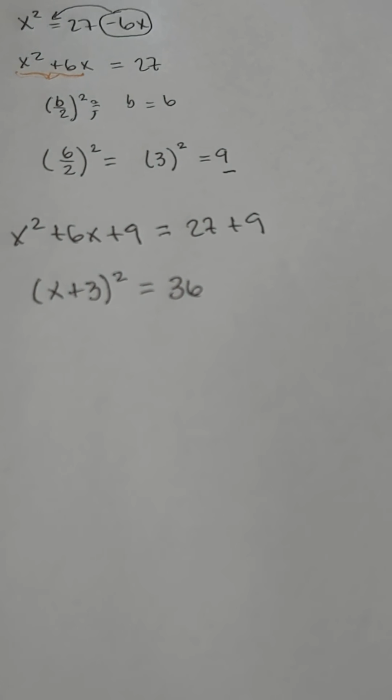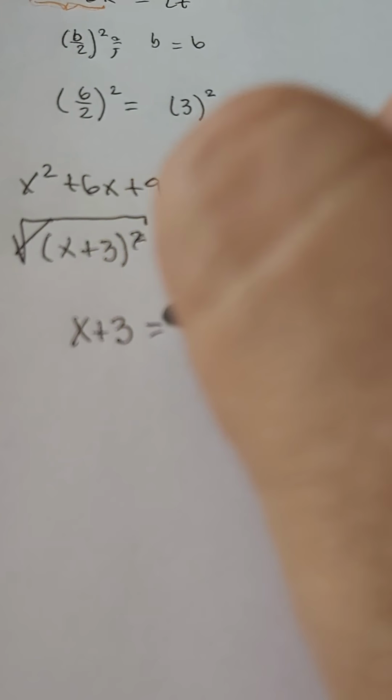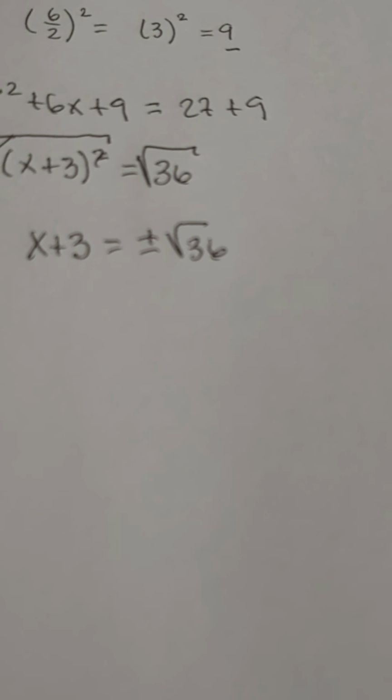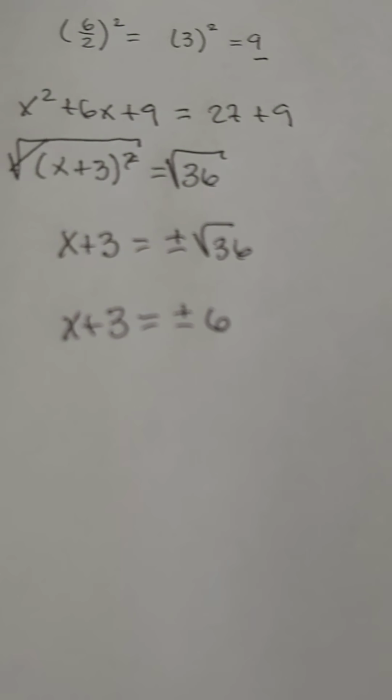Now we're going to solve this equation by using the square root property. Square root on both sides. We simplify. X plus 3 equals positive negative square root of 36. Square root of 36 is a perfect square, so x plus 3 equals positive negative 6.